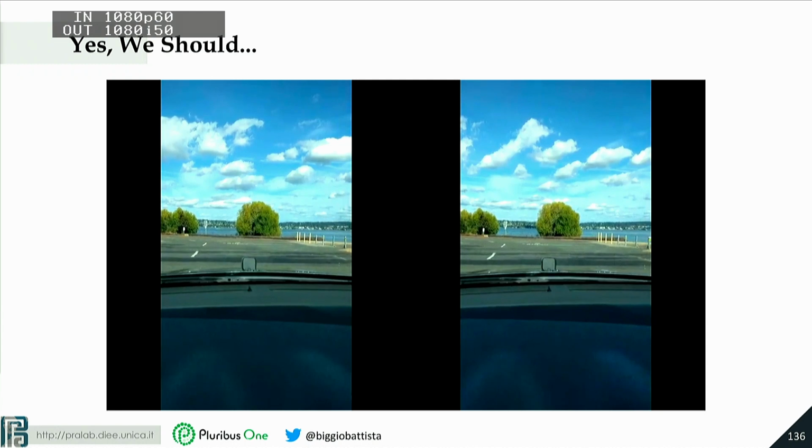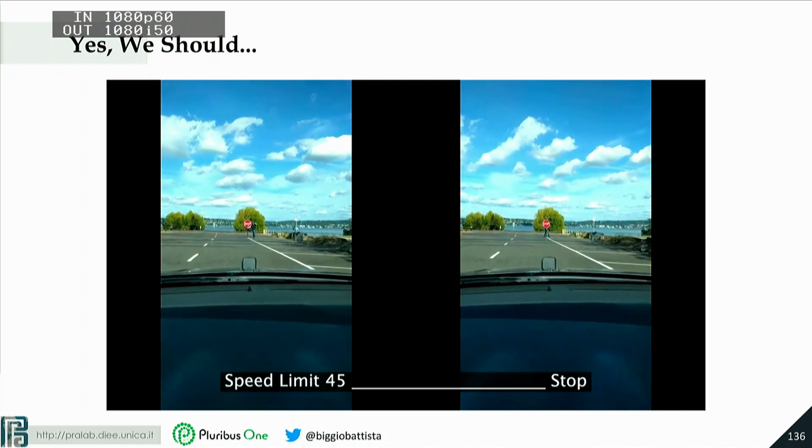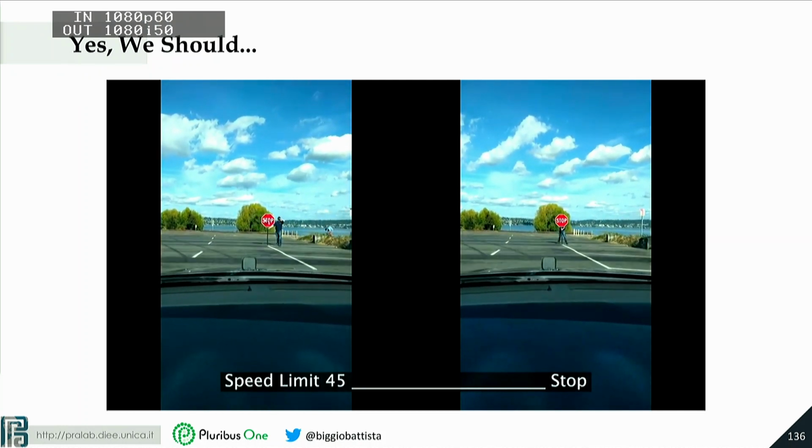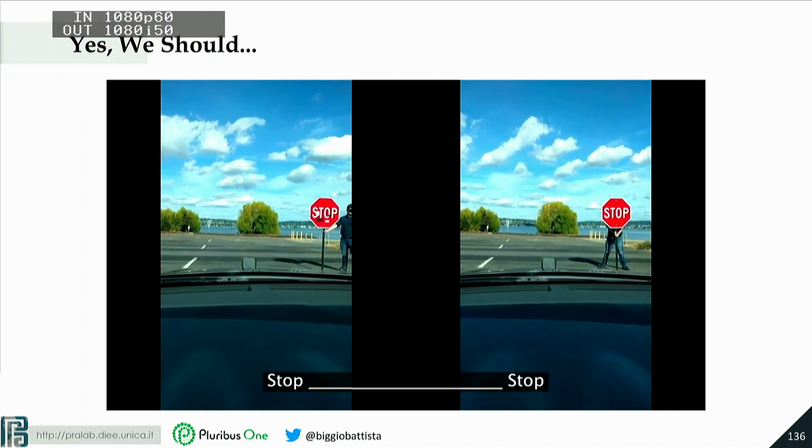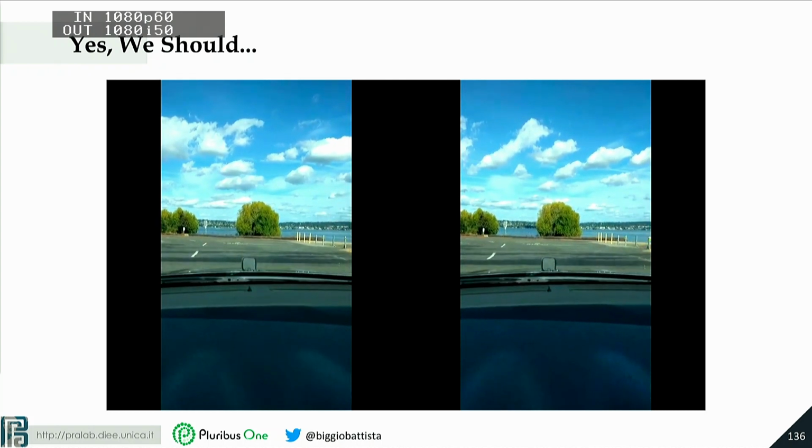Let me play it again. You can see that it's classified as speed limit in most cases, right? So from several distances and positions of the traffic sign. In some cases, in just a couple of frames, it's correctly classified as a stop sign, but most of the time it's misleading the algorithm.